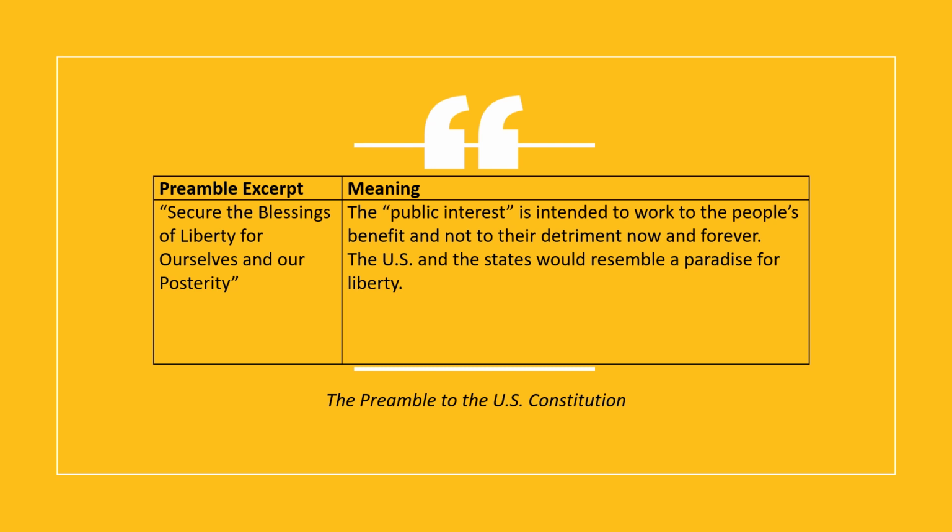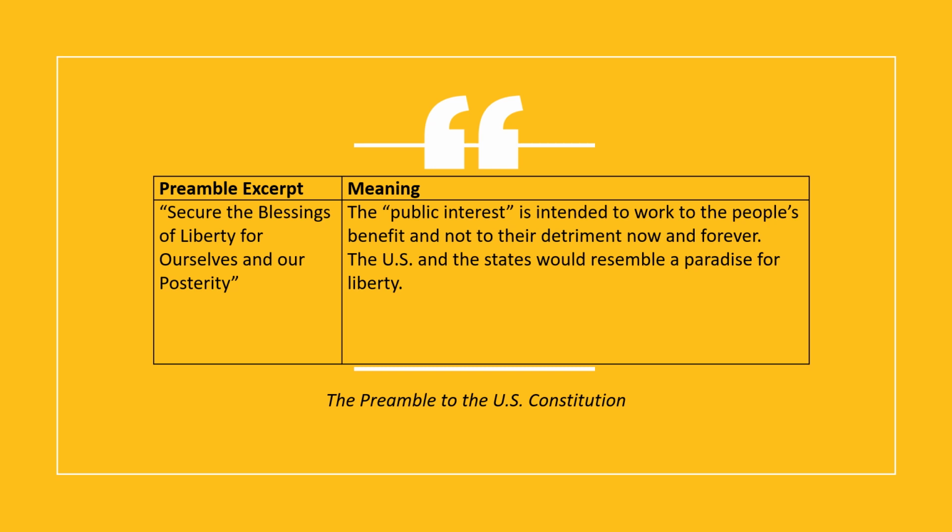To secure the blessings of liberty for ourselves and our posterity. The public interest is intended to work to the people's benefit and not to their detriment, not just now, but forever, to secure the blessings of liberty for ourselves, the people who are writing, but also our posterity, our children and their children's children, and all the generations to come.